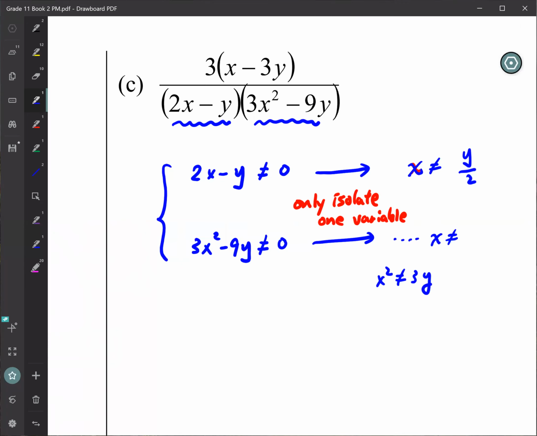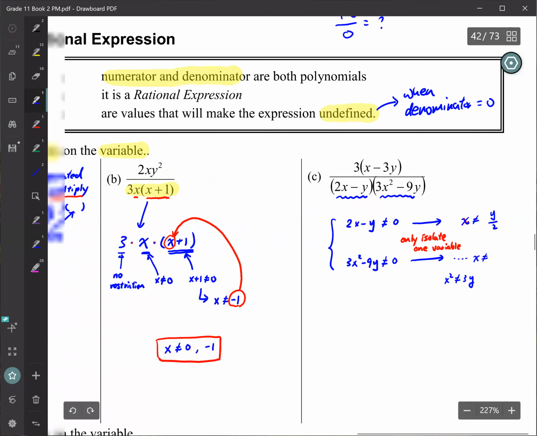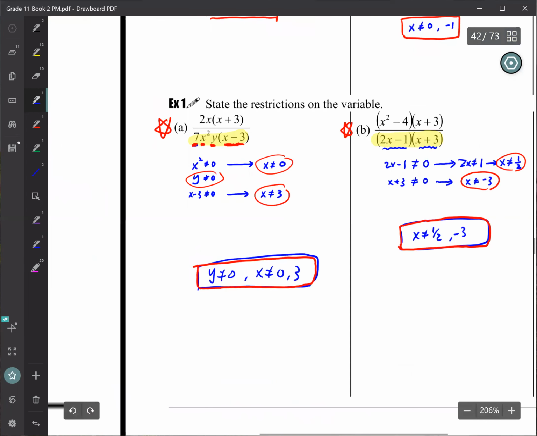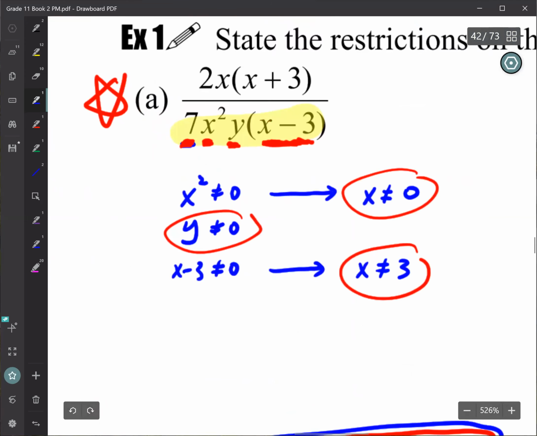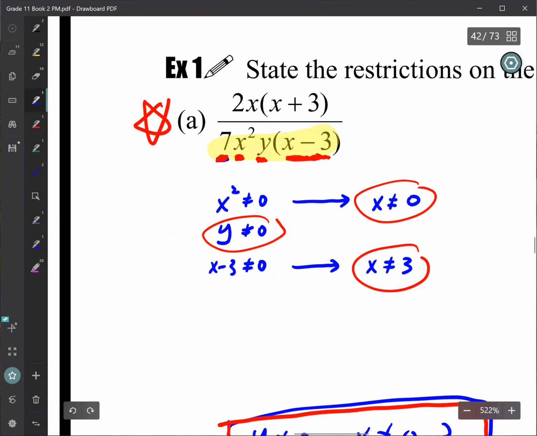Yeah. But you need to isolate x, right? For example, if you see an x squared, like question 1a at the bottom, if you have x squared cannot equal 0, you still need to get rid of the square. You know how to get rid of the square?